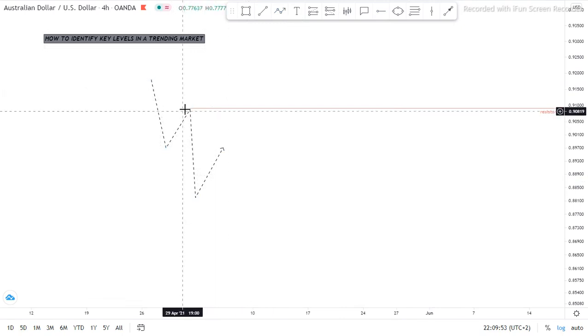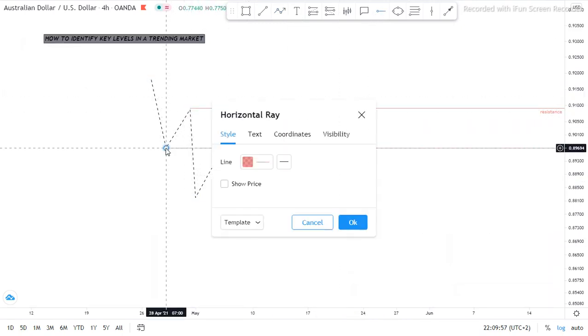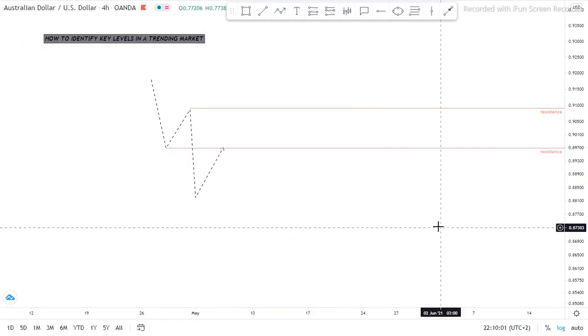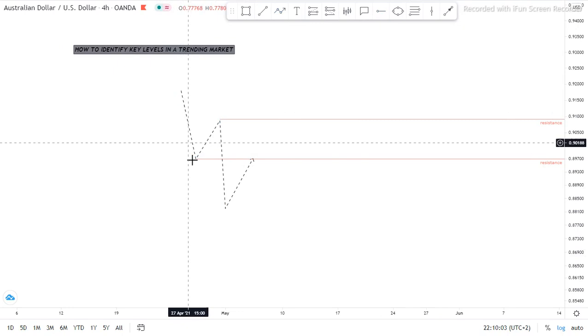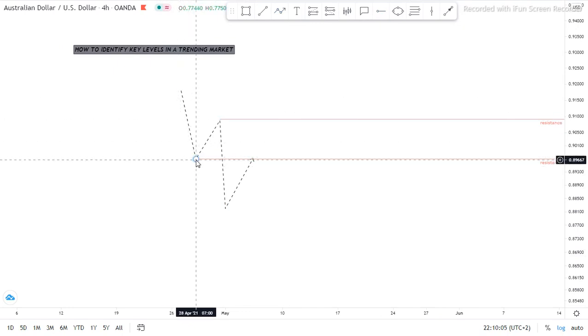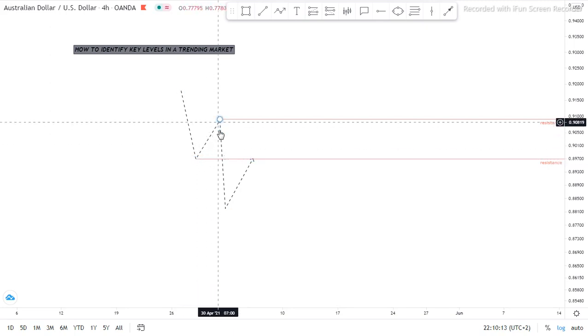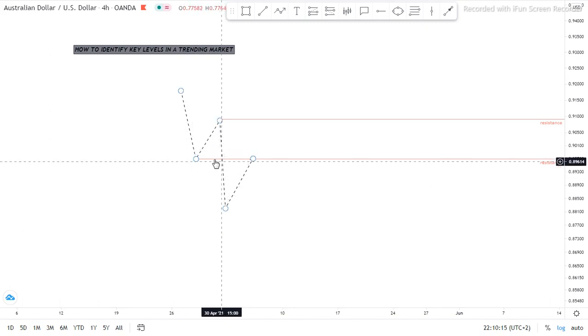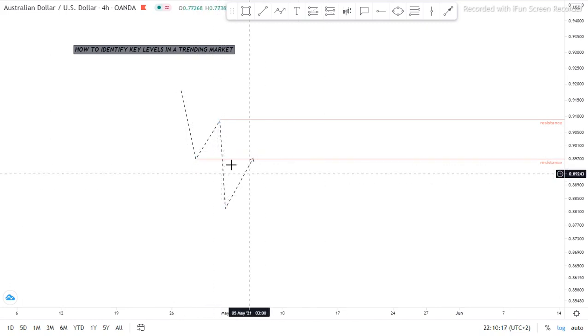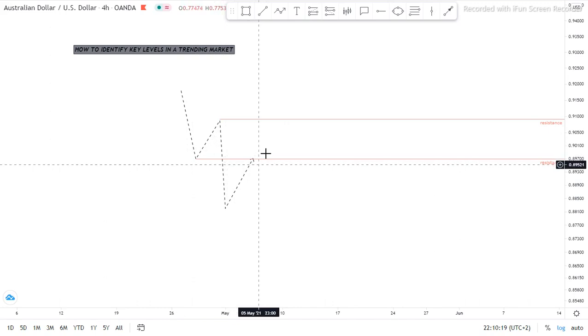Price came below, and this is also our resistance, where when price was coming down, this was our support. This is our first lower low. This created our first support, and then price pulled back and broke that support to form a resistance, and now it's going in for a retest.